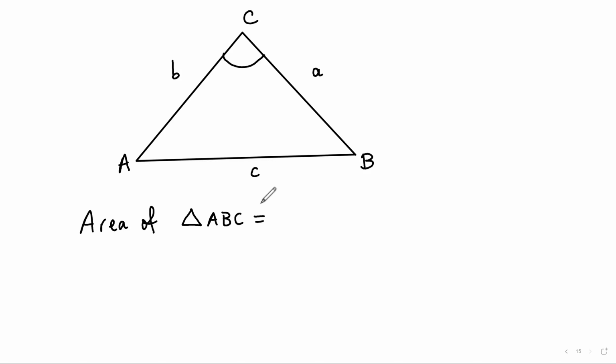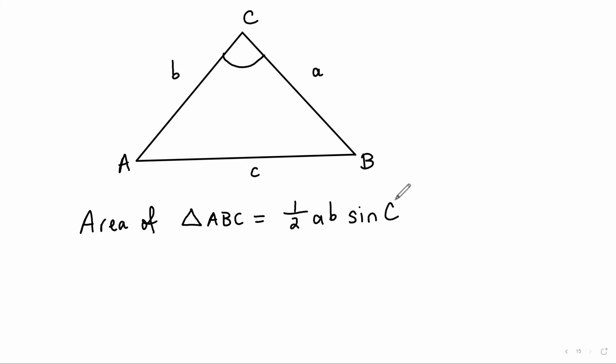If you do not have the base and the height of the triangle, you can use this formula when given two sides and the included angle. So the formula is half of a times b multiplied by sine of C.